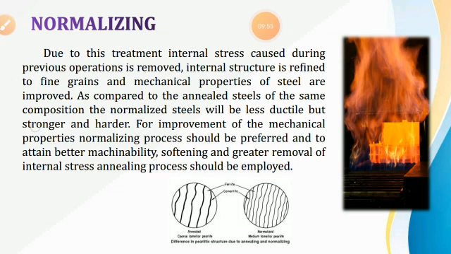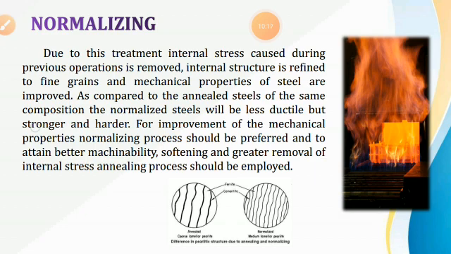Due to normalizing, internal stresses caused during the previous operation are removed, the internal structure is refined, and the fine grains and mechanical properties of the steel are improved as compared to annealed steels of the same composition.